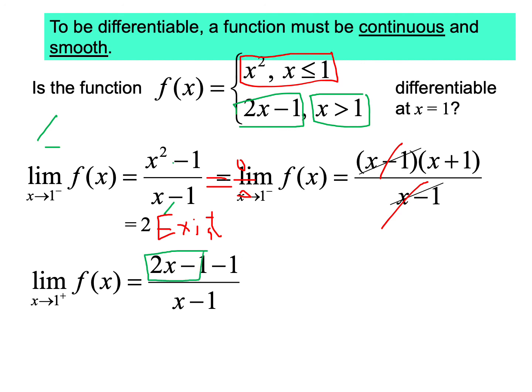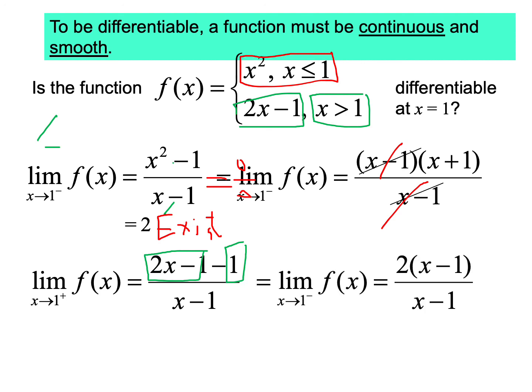I need to replace x with 1: 2 times 1 minus 1 is 1, so this is f of 1. I still need to simplify more, so I get a common factor, and as we know, cancel the common factor. So I get 2, and here the right derivative exists and equals 2.